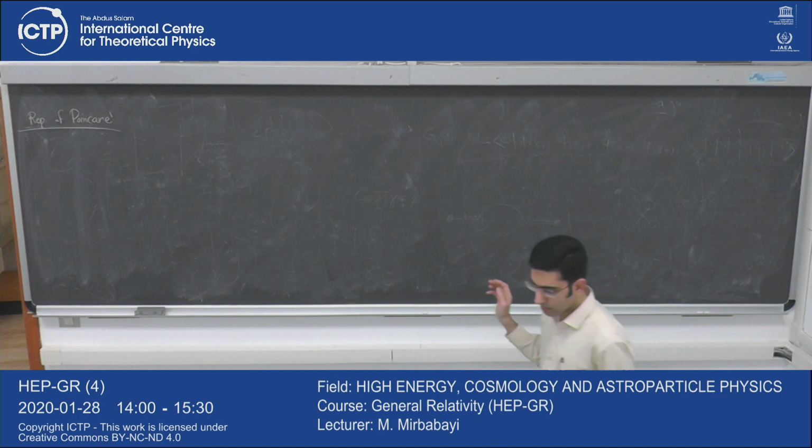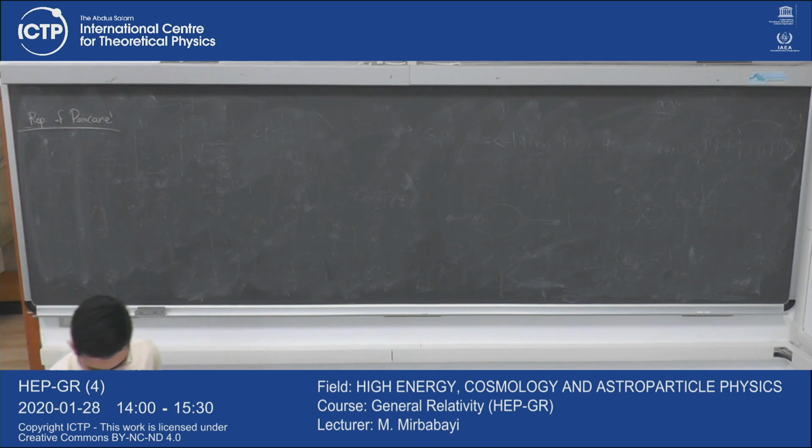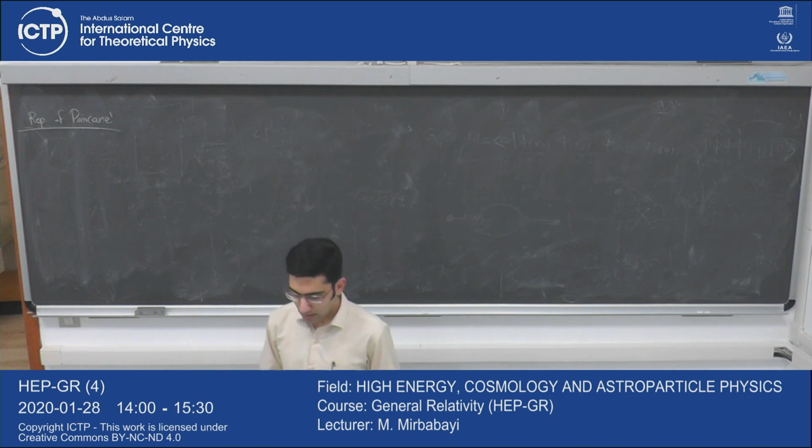Now today we want to talk a little bit about when we include quantum mechanics. We want to construct some relativistic theory, relativistic quantum theory, and see what the implications are of the requirement that we have this symmetry, Poincare symmetry.